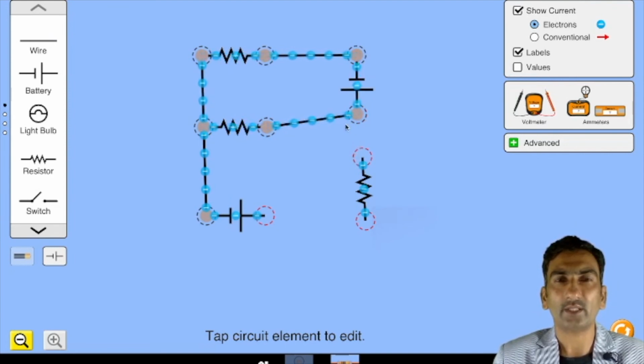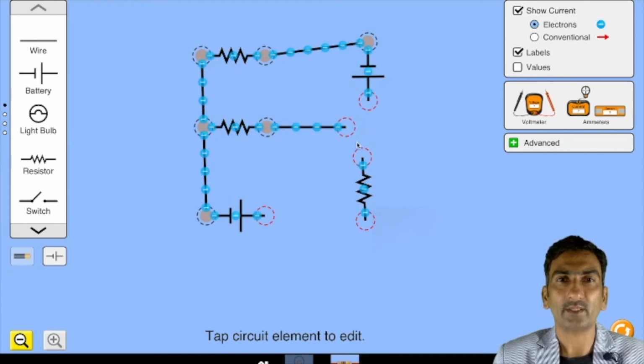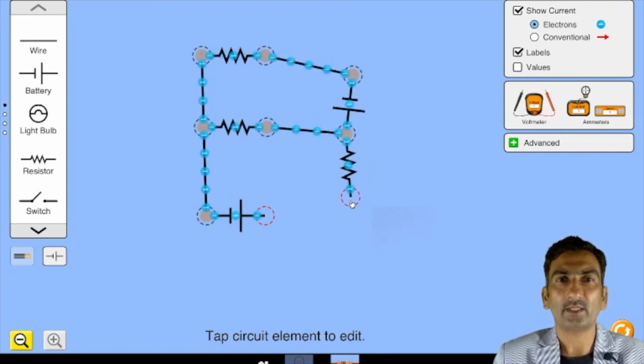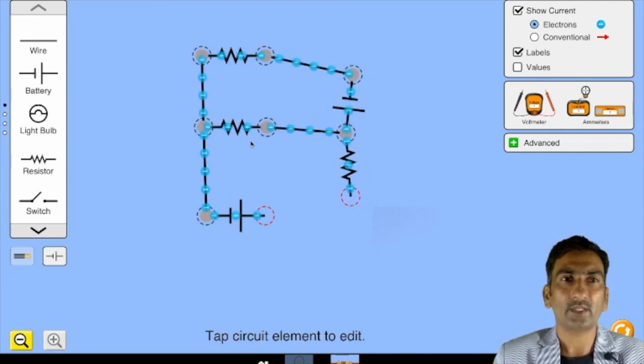Current started from there because that battery is a single loop connected here. Let me cut this part and take one more connecting wire. I can connect directly with this one, and this one we can have one more connecting wire over here.